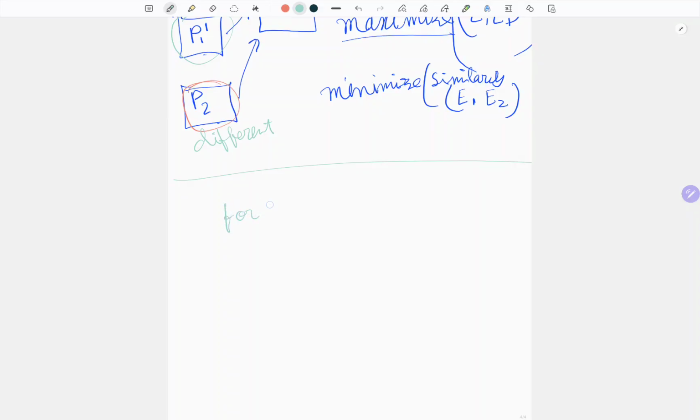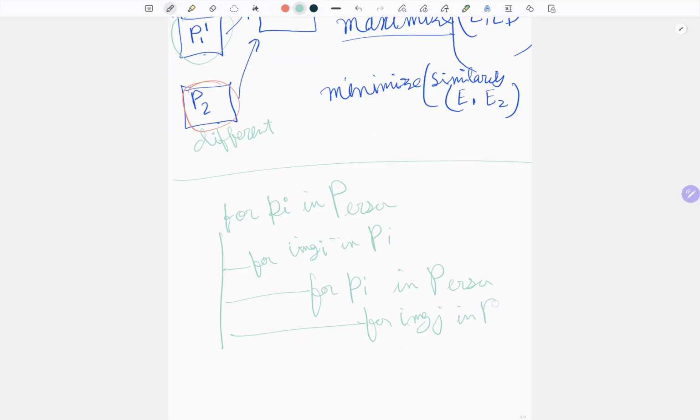For Pi in P, for image I in Pi, there would be another for loop: for Pj in persons, for image J in Pj.